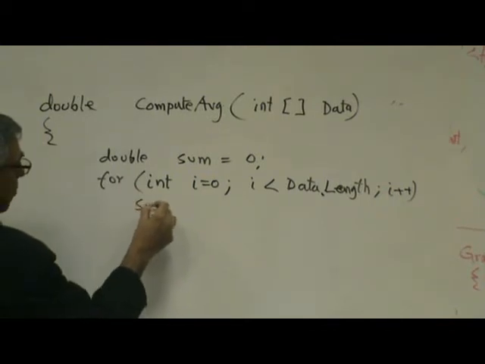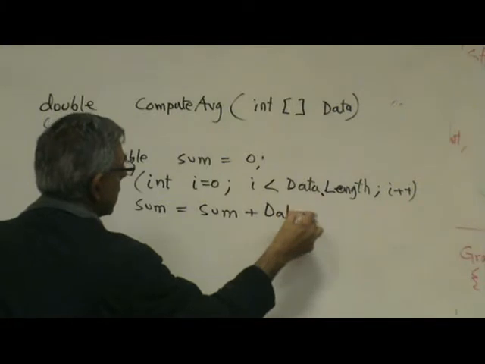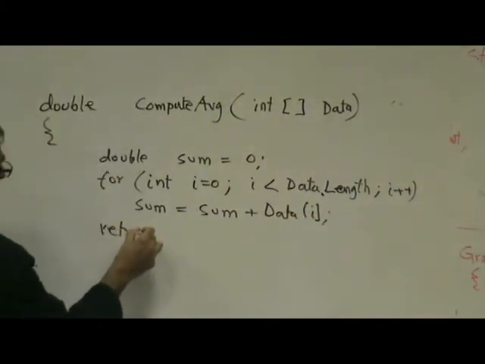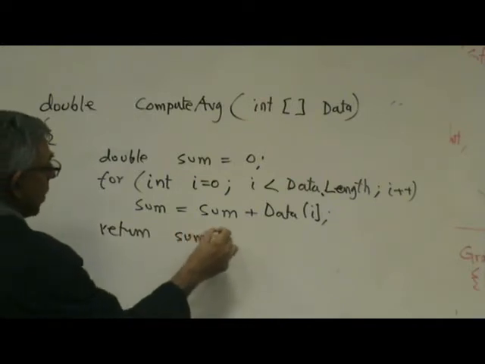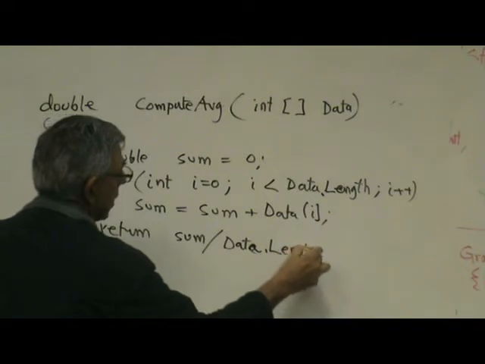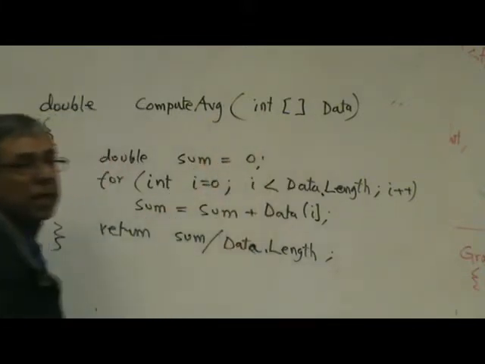And you will do sum equal to sum plus data of I, correct? And then return sum divided by data dot length, correct? So in this case, it's producing the average of an array of integers, correct?